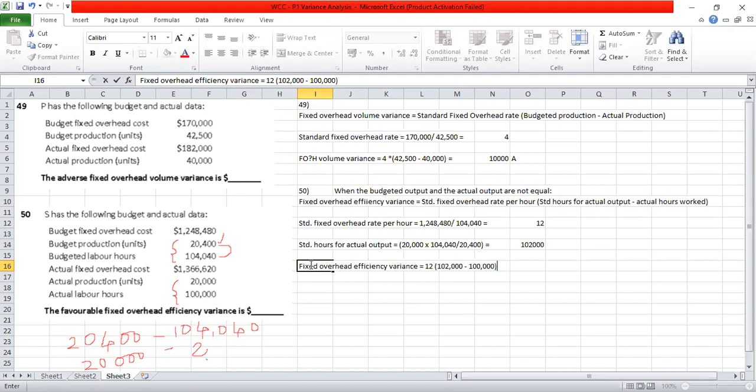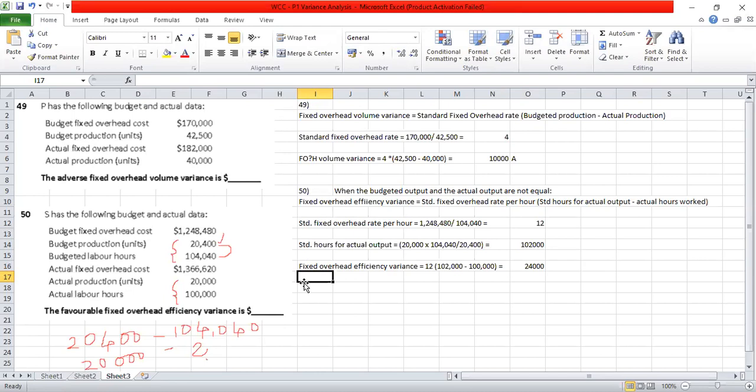Why are they calling it favorable? The question mentions that the overhead efficiency variance is favorable. Why is it favorable? What if that term is not mentioned and we have to take a decision about defining it as favorable or unfavorable? How would we end it up?